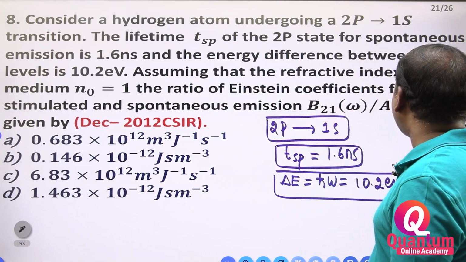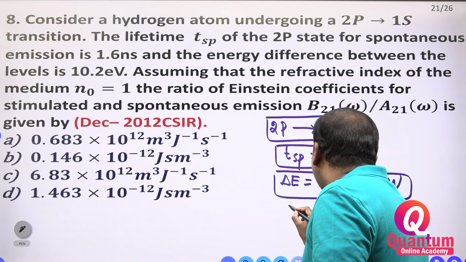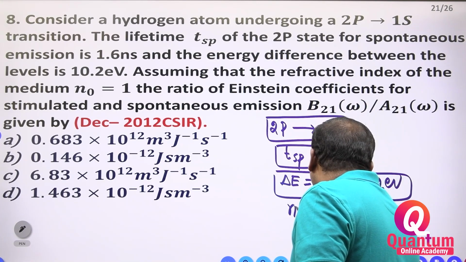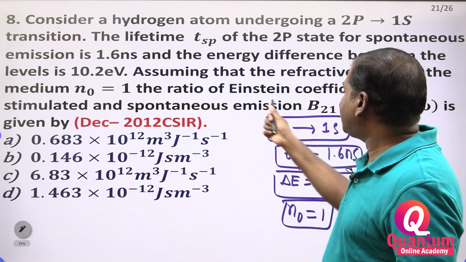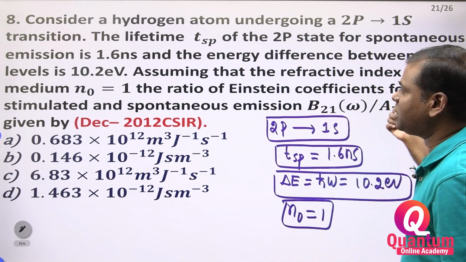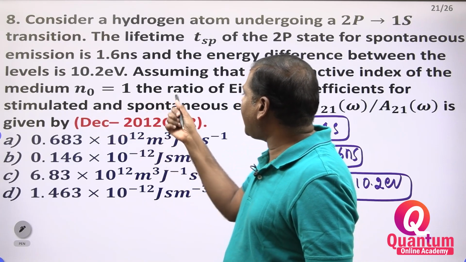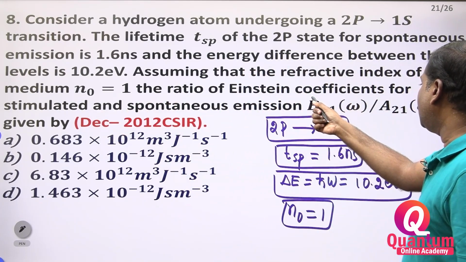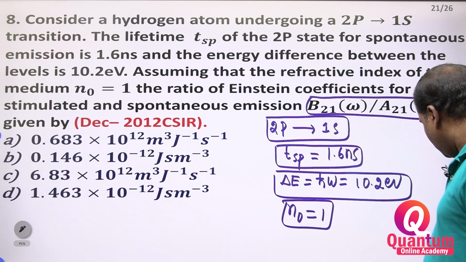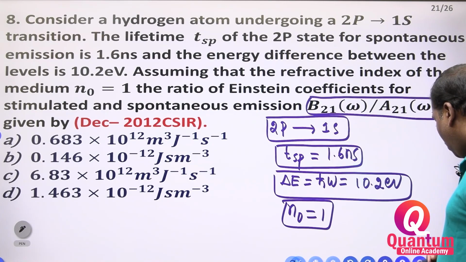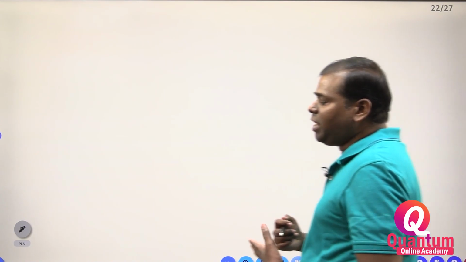Assuming that the refractive index of the medium, n0, is equal to 1, they are asking for the ratio of the Einstein coefficients for stimulated and spontaneous emission. How do we calculate this? It is very, very important.